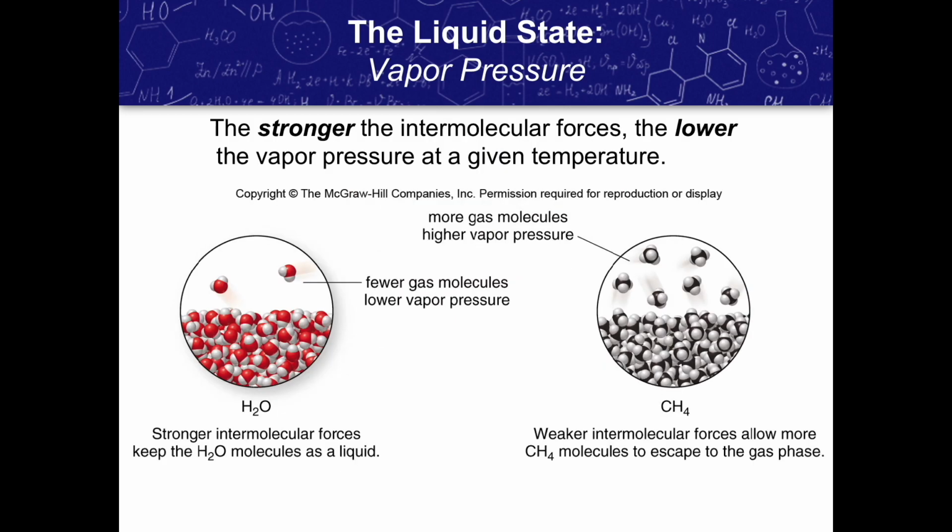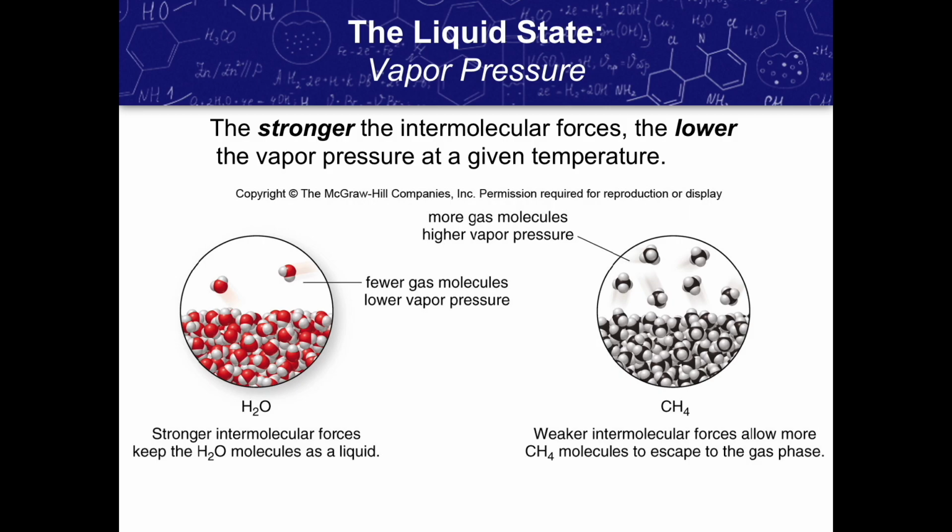Therefore, in terms of intermolecular forces, the stronger the intermolecular forces, the lower the vapor pressure at a given temperature. So, compounds with strong intermolecular forces have high boiling points and low vapor pressures at a given temperature.